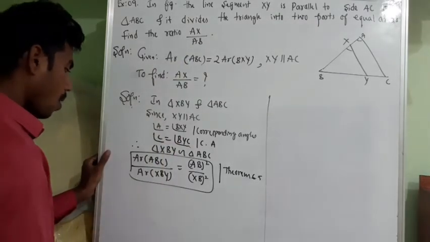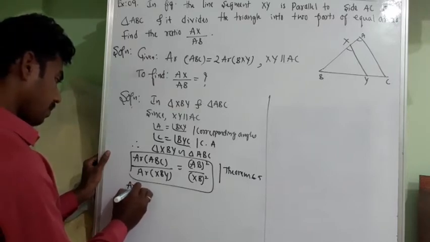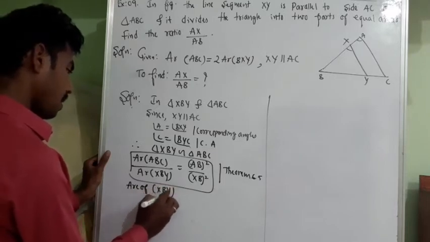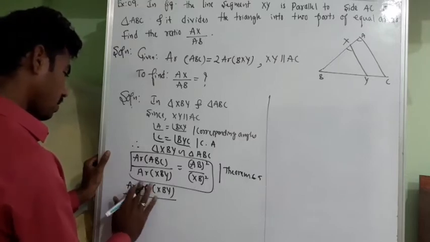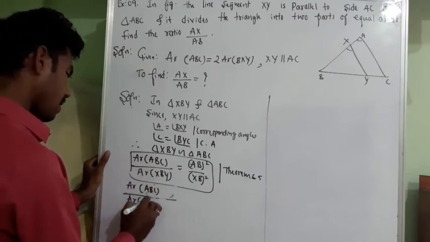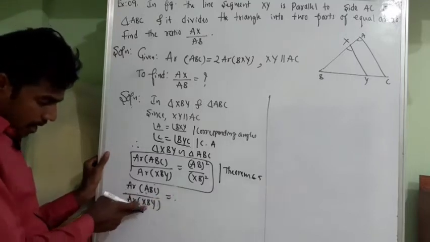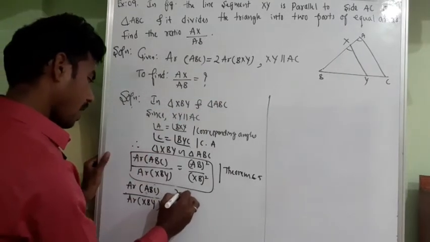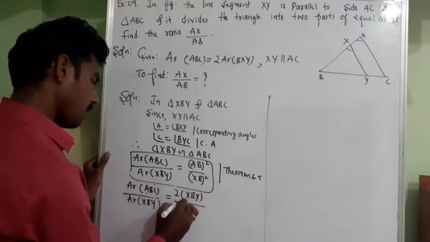Okay, now area of triangle ABC divided by area of triangle XBY is equal to, see, area of triangle ABC is 2 times XBY, that we have written, 2 times XBY divided by area of triangle XBY.